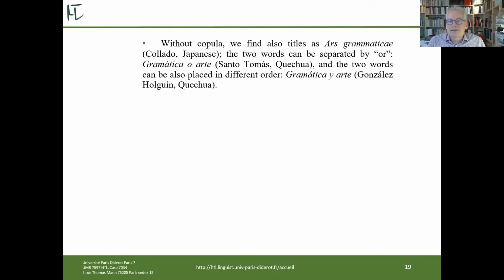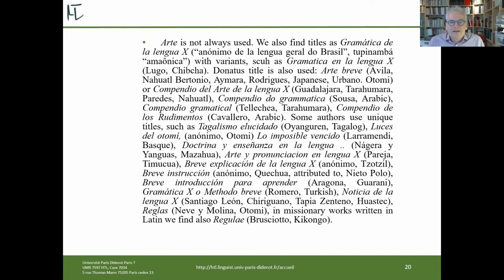So there is Ars Grammaticae; you also find Latin titles, words written in Latin. I do not have the intention to read them all, but you will find that most of them are also sometimes quite different. Compendio, you sometimes find something completely different.